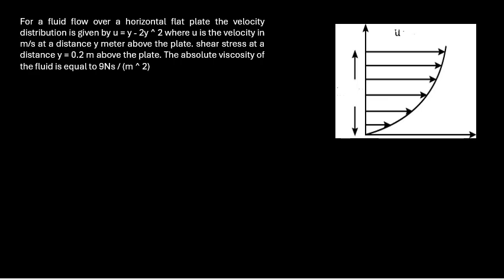Here we have flow over a horizontal plate, and the velocity distribution is given as u equal to y minus 2 y square, where velocity is in meter per second and distance y is in meter above the plate.